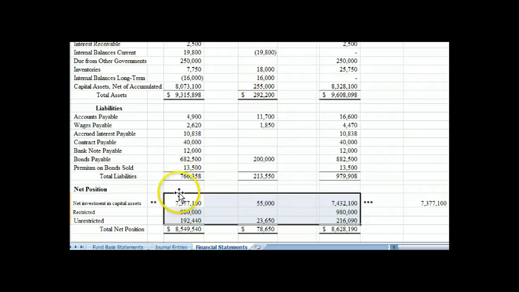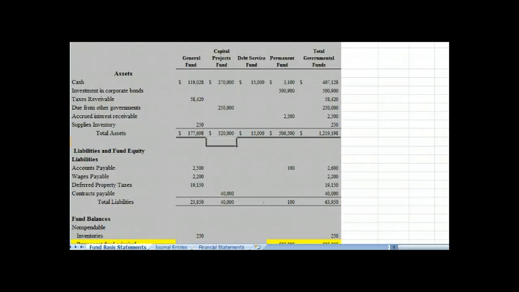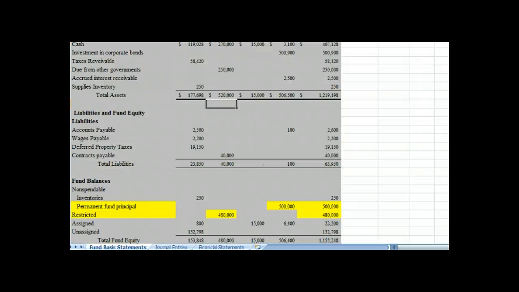when you get to the net position, you'll notice it's restricted and unrestricted, and the net investment in capital assets. The restricted amount here of $980 is going to consist of the permanent fund principal of $500,000. So if we go back here, you'll see the permanent fund principal, $500,000, and the $480 of restricted in the capital projects fund.